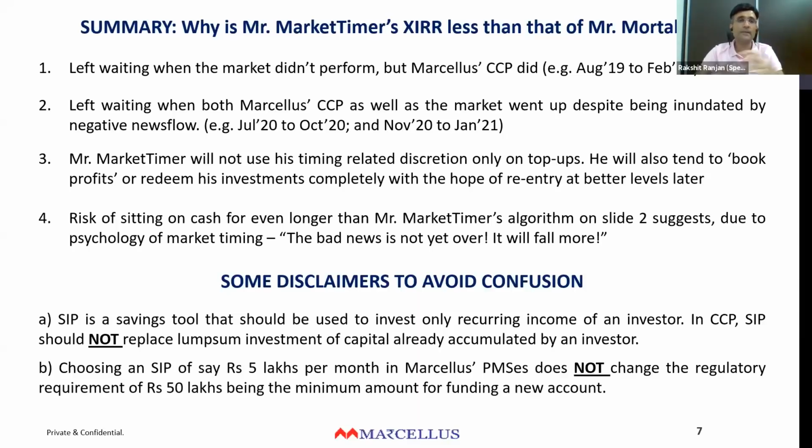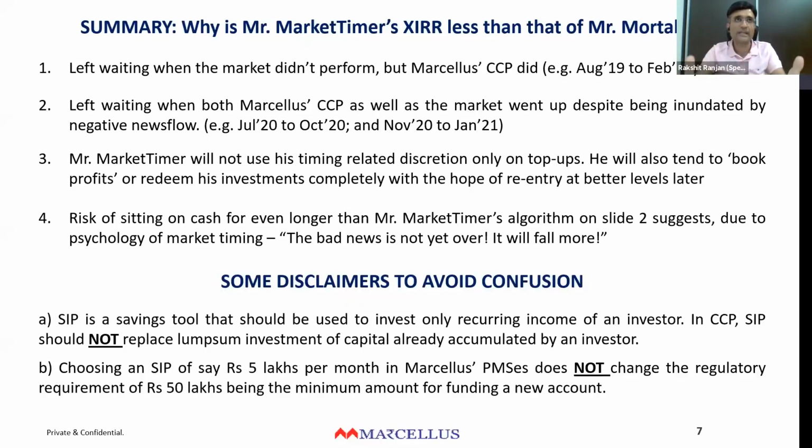And the second point being, please don't mistake us from this analysis. All the charts gave you the XIRRs of only the top-ups. Having said that, that doesn't mean that you can open a PMS account with only a 5 lakh top-up. So the example of 5 lakh applied only for top-ups, obviously after you have funded your account with a minimum of 50 lakhs, right?